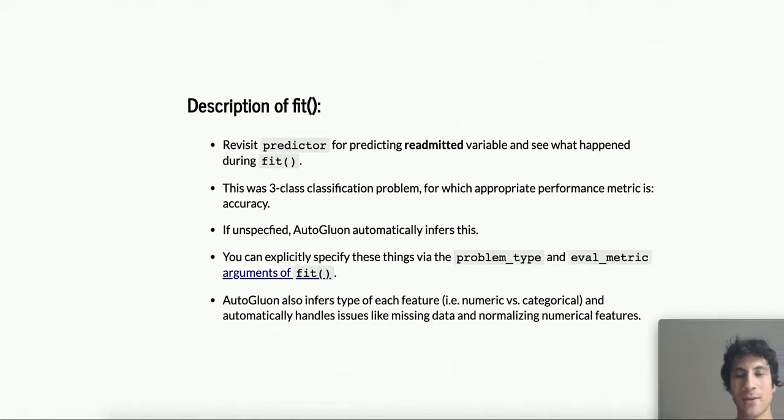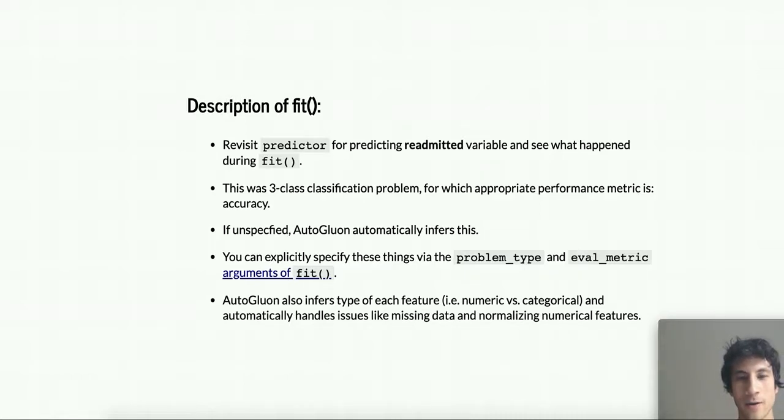Now let's go back to the original predictor for our three-class multi-class classification problem for predicting the readmitted variable and see what actually happened during fit. So this was a three-class problem, and the default metric AutoGluon chose was accuracy. Again, it'll just automatically infer this if you don't specify what the metric or the type of prediction problem should be.